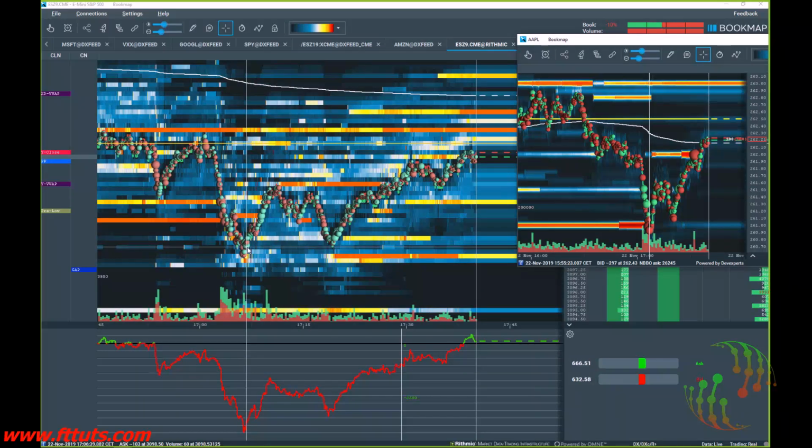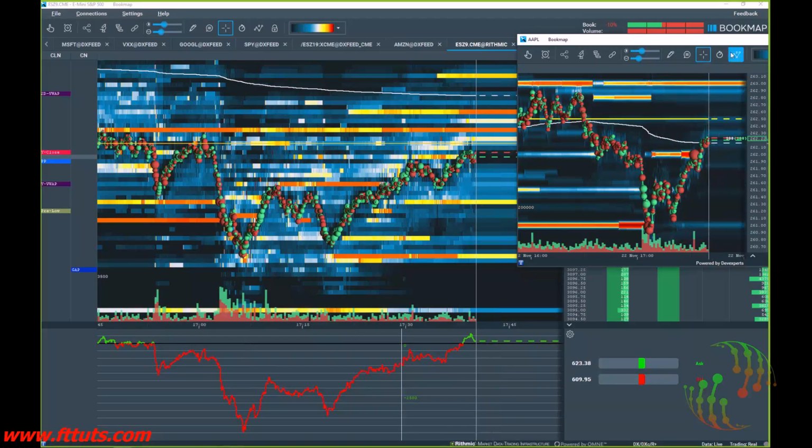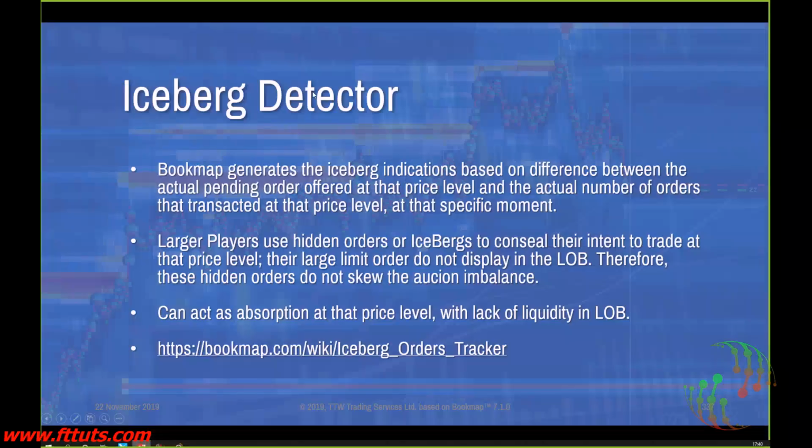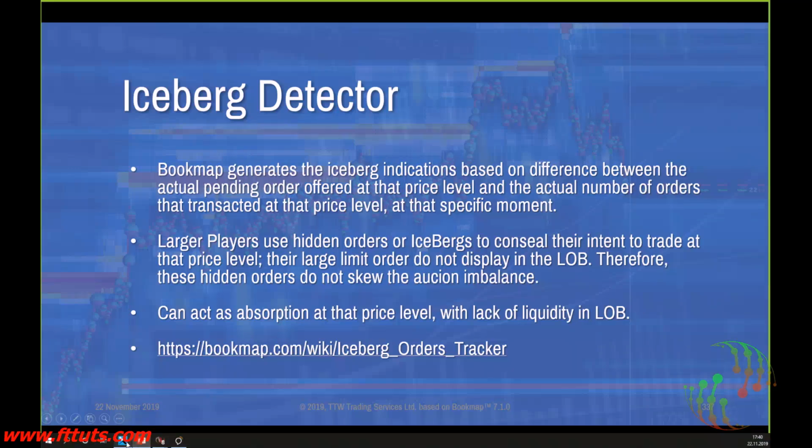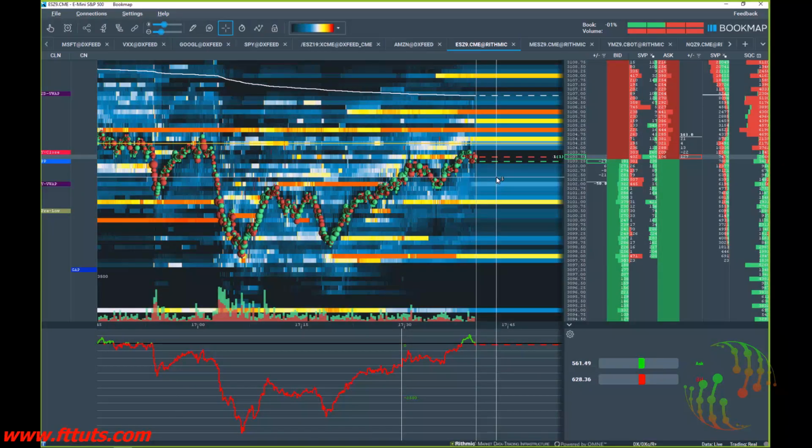It's only one example. You will see enough examples all day long in your trading. Guaranteed. Absolutely. Iceberg detector.